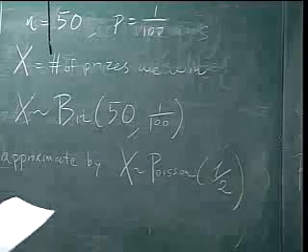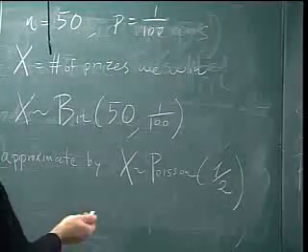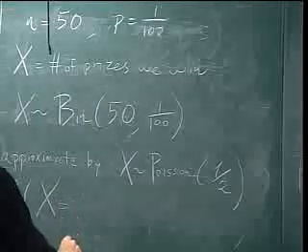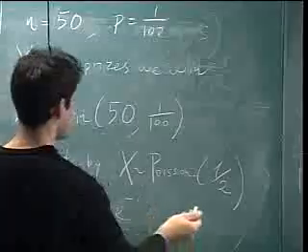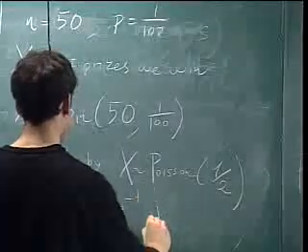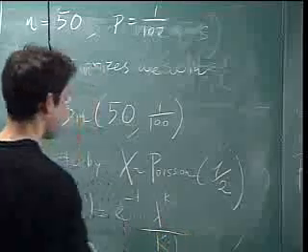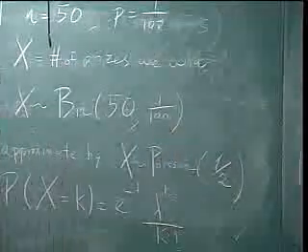So we approximate it, and so if we think of this as a Poisson, the probability that x is equal to little k is just e to the minus lambda times lambda to the k over k factorial. And now everything just becomes very easy.